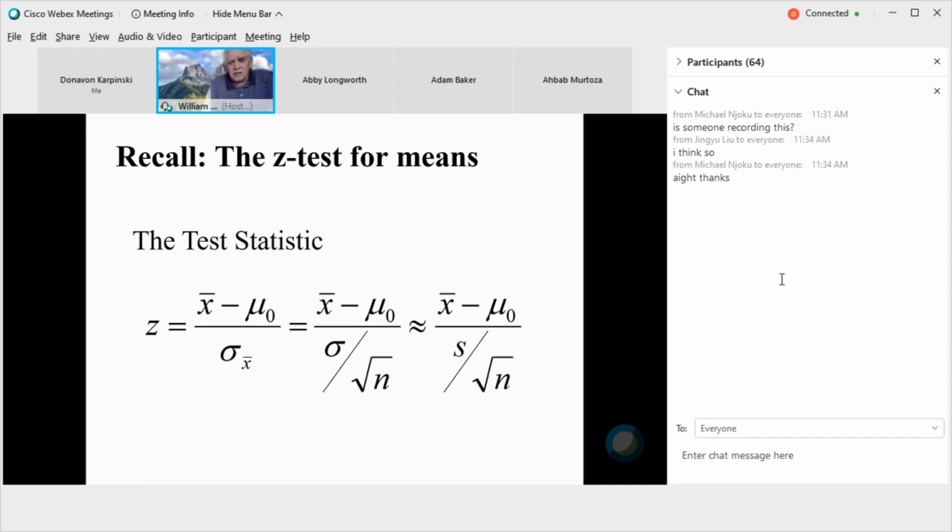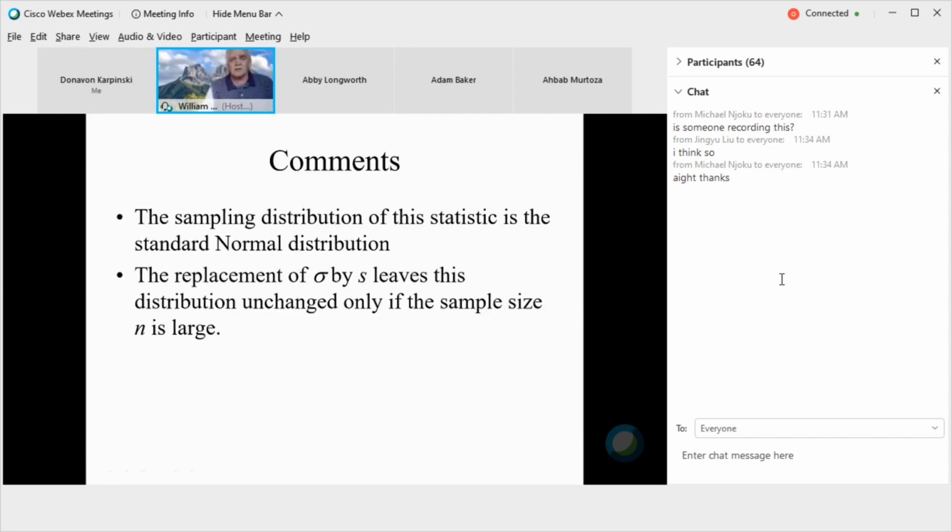Now, Student found that this doesn't change the distribution of Z from a normal distribution, except when n is small. When n is small, there's quite a bit more variability introduced into the statistic by replacing sigma by S. So the sampling distribution of this statistic is the standard normal distribution.